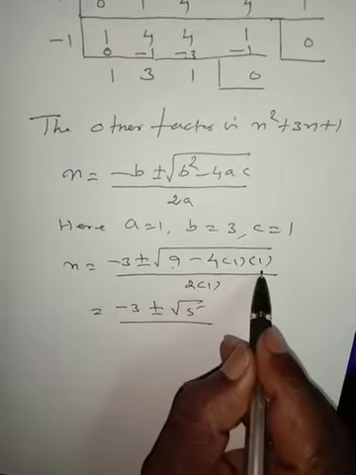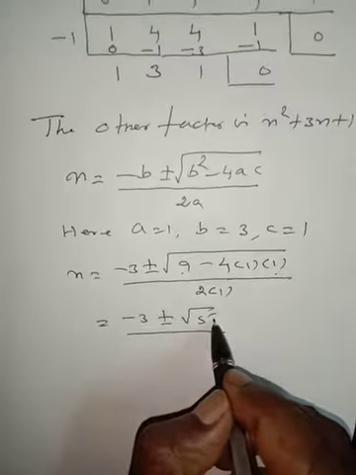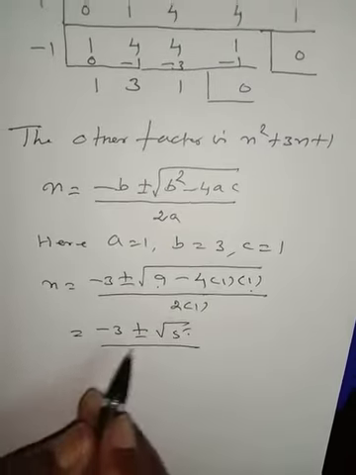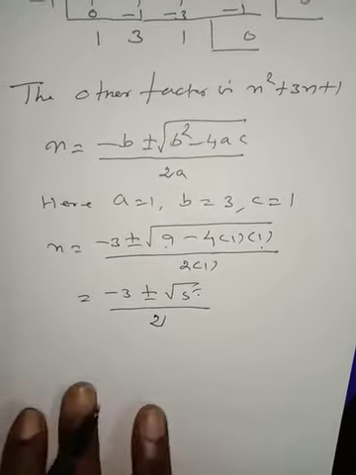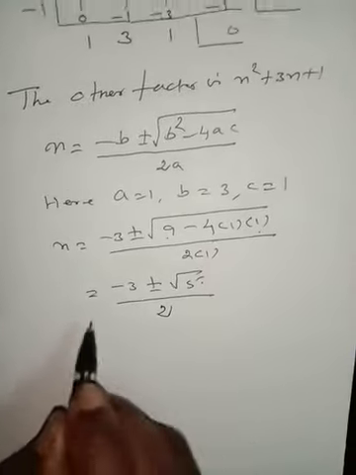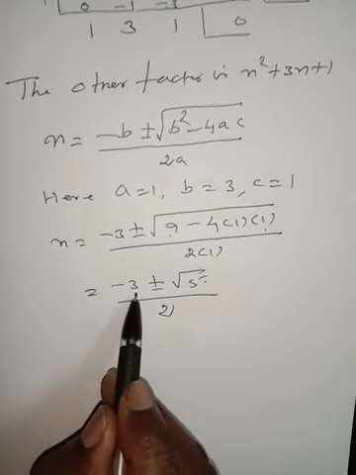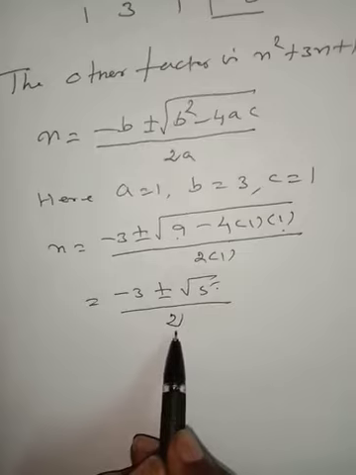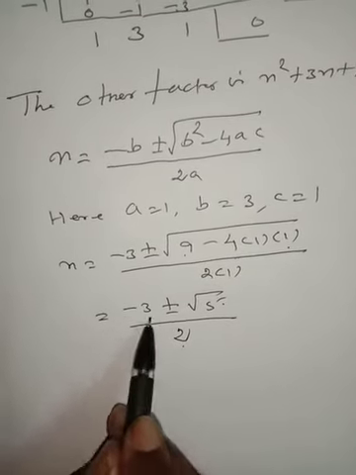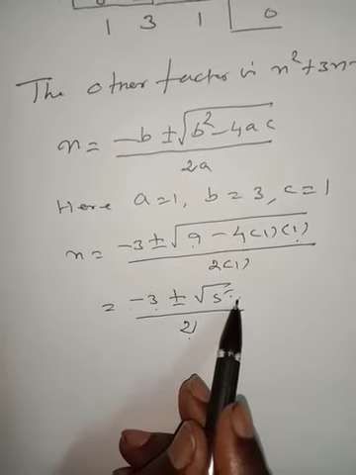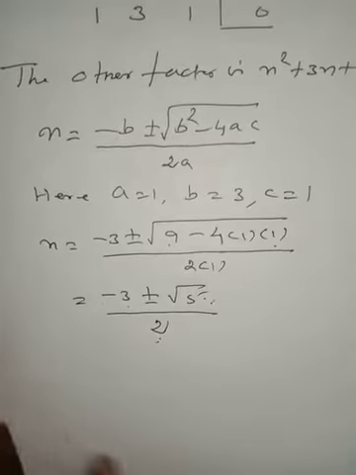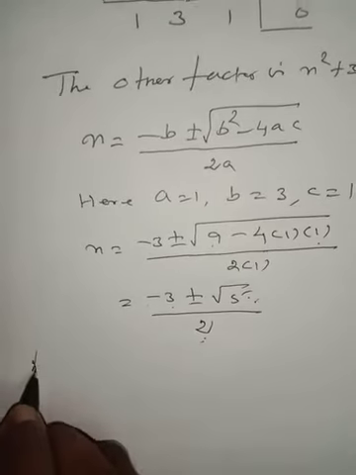9 minus 4 is 5, divided by 2. Hence, the 4 roots are: x is minus 3 plus root 5 divided by 2, minus 3 minus root 5 divided by 2.